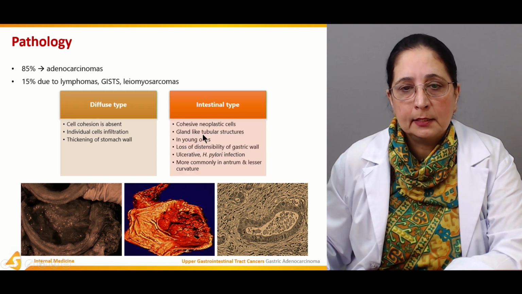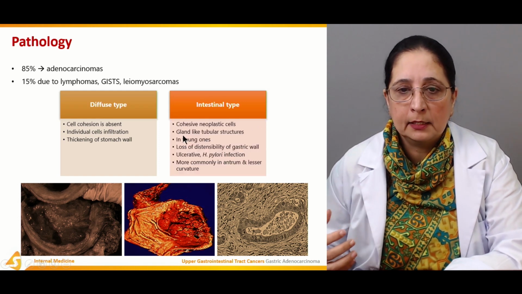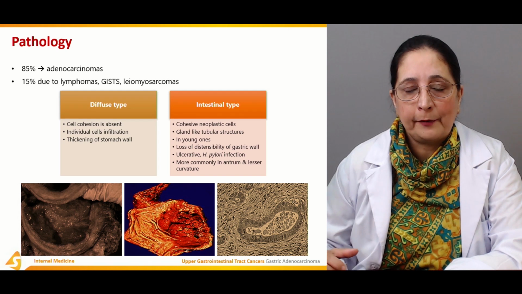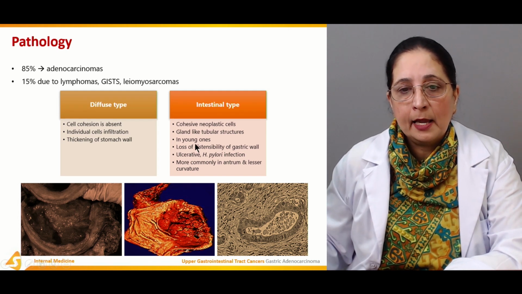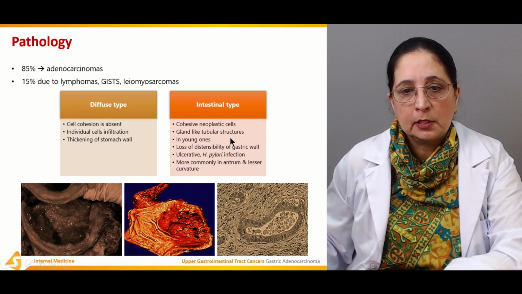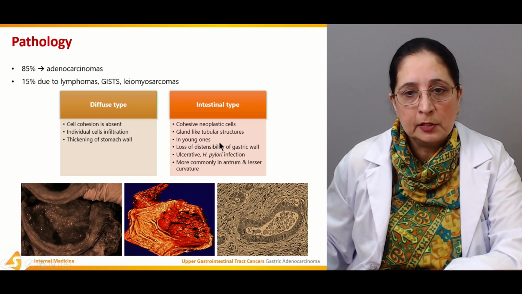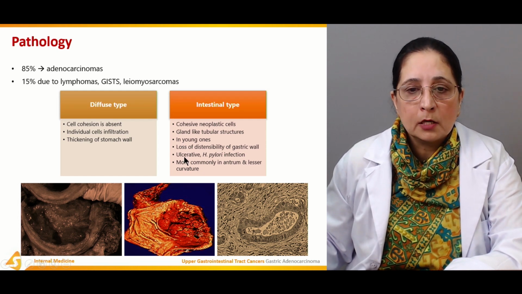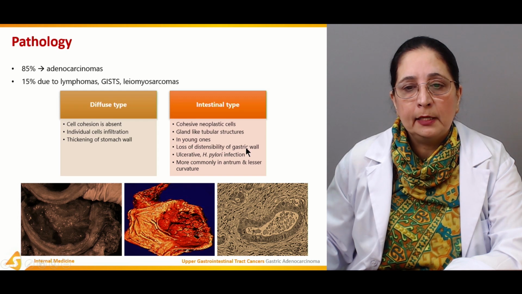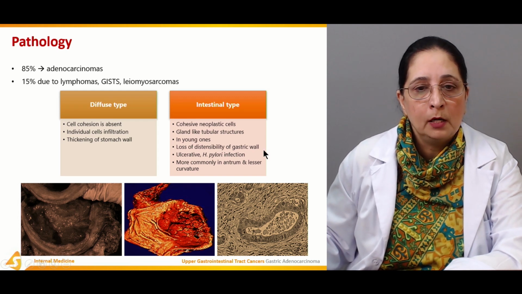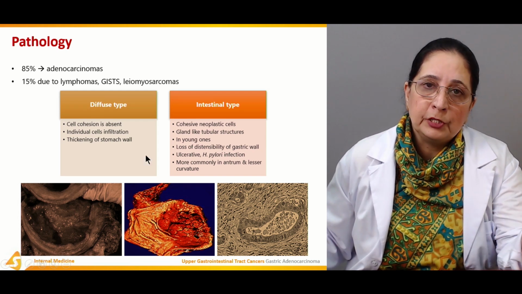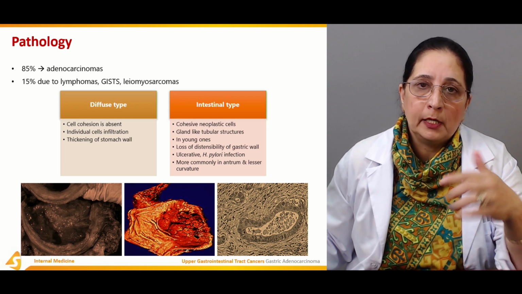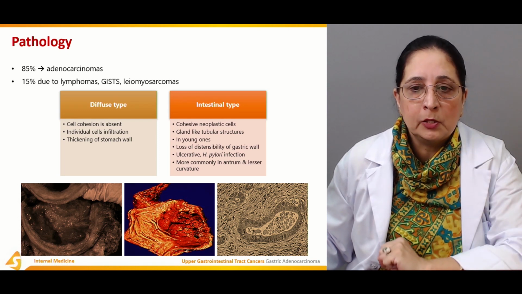Intestinal type is cohesive, neoplastic cells are present. Gland-like tubular structures, in young individuals mainly. There is loss of distensibility of the gastric wall as compared to the diffuse type in which the gastric wall is thickened. In this, there is no thickening.